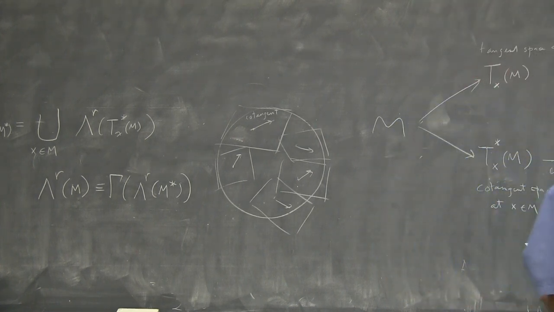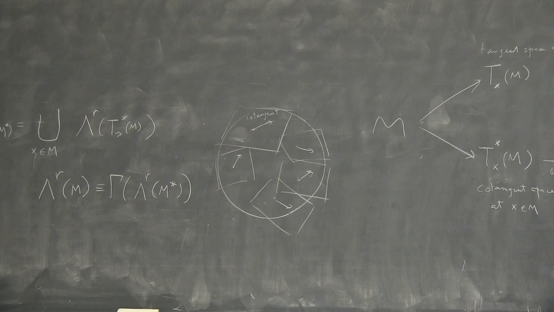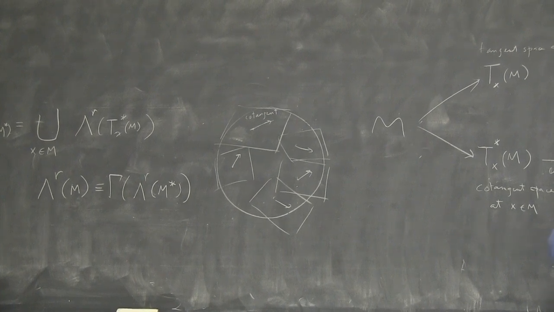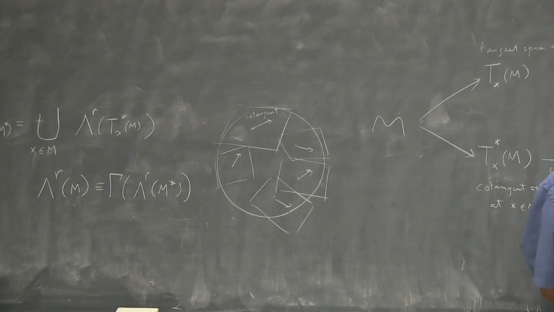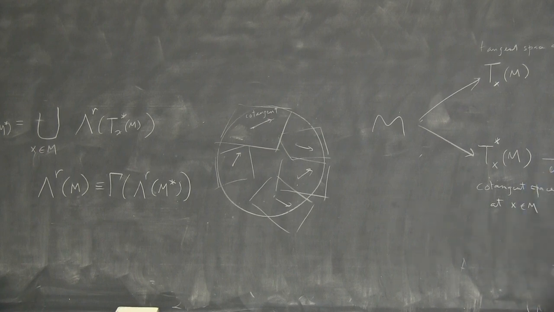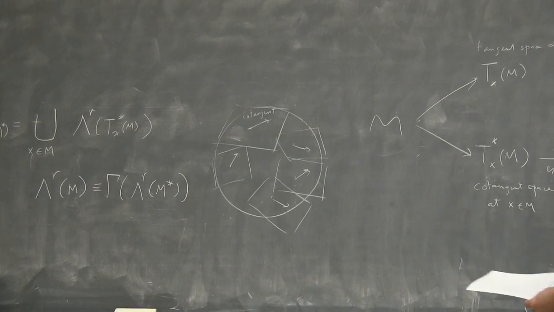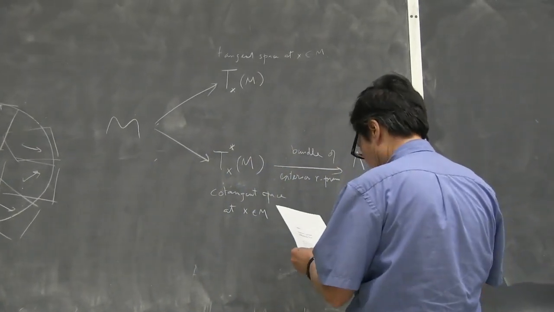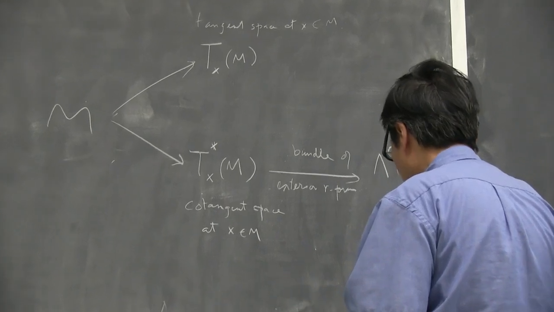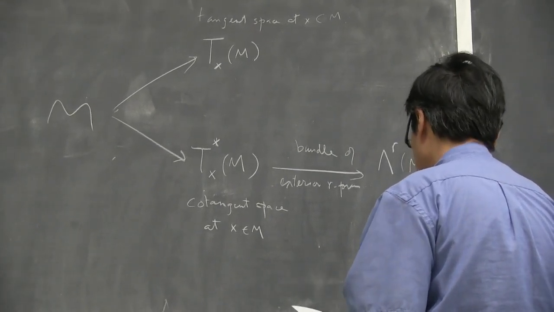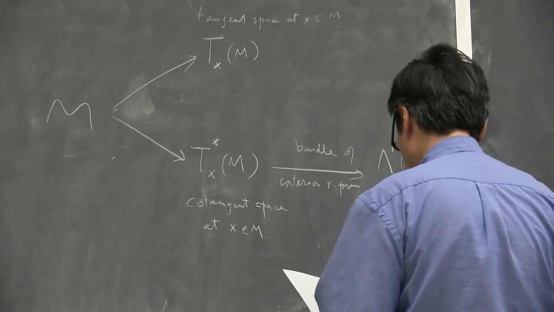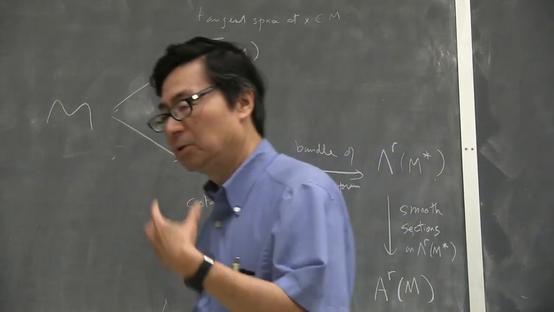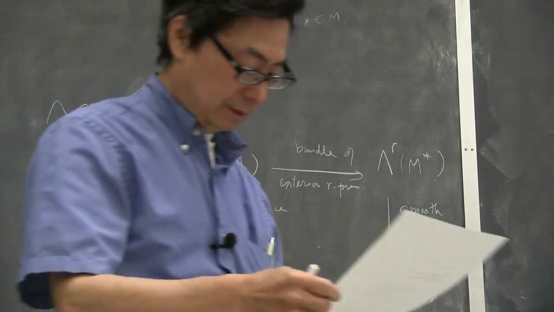So then we take the smooth sections, that means smooth fields. I won't even explain explicitly what smooth means in this case. That is actually called the space of R forms. A for antisymmetric now, okay? So A super R of M is the space of all R forms on M.